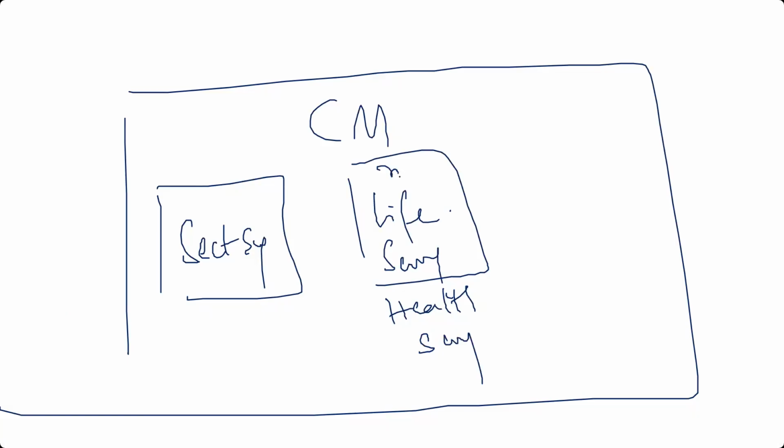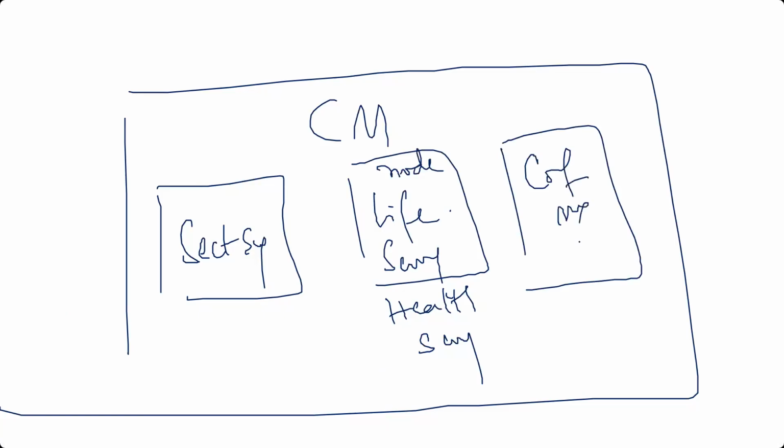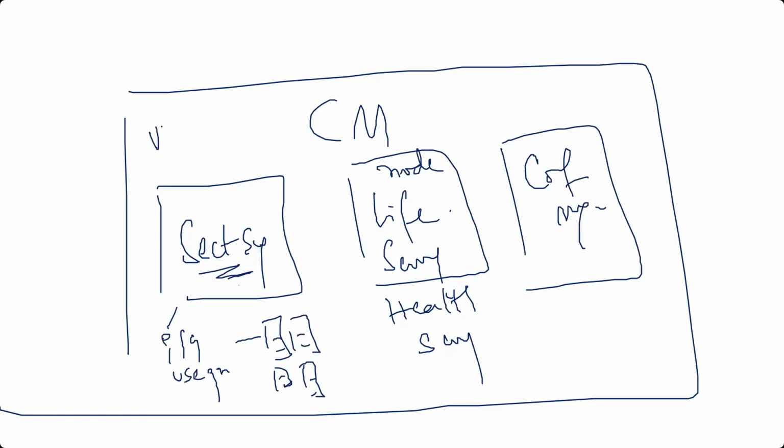Health sensing module. And there is another module called configuration management. Okay. Security management will tell which user group has access to which container images. Okay. So people will do vulnerability testing, DDoS attack testing using the security management.